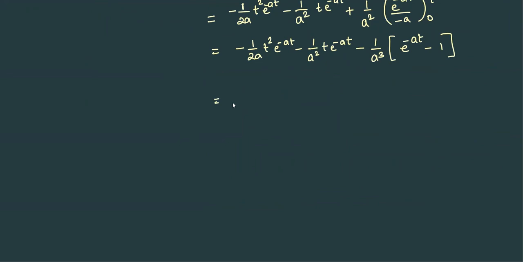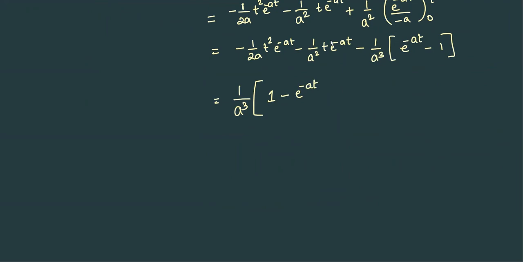So let us take 1 by a cube common. Minus into minus becomes plus, so plus 1, then minus e power minus at.